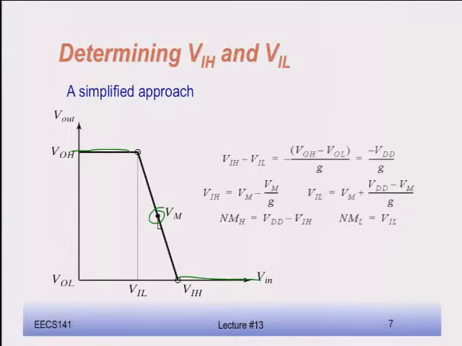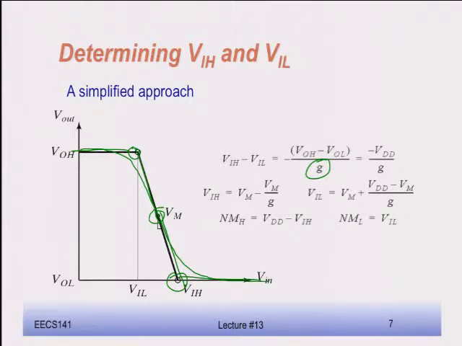If I know what the gain is at Vm, once I have Vm, you take the derivative, you have the gain. Let's call that G. Then if I assume that in the whole transient region I'm going to have the same gain, I just extrapolate it upwards and downwards. Then the cross points between the VOH level and the VOL level is really where VIL and VIH will occur. It's a crude approximation, but actually it's not too bad, because in reality, what you will get is something like this.